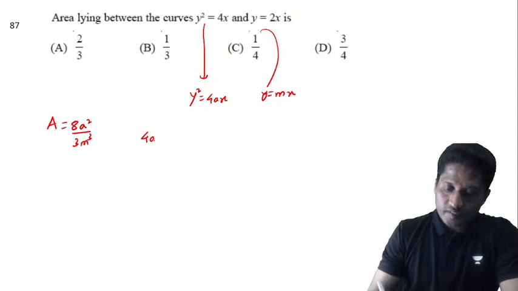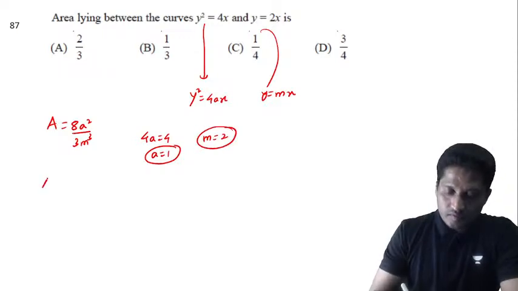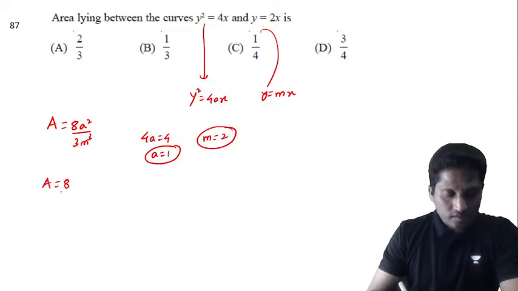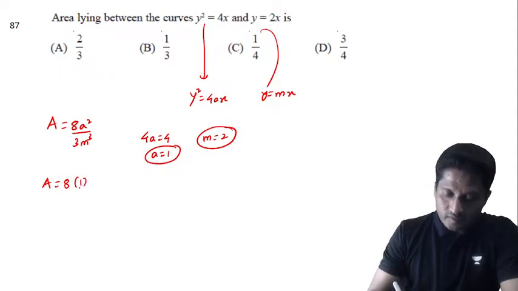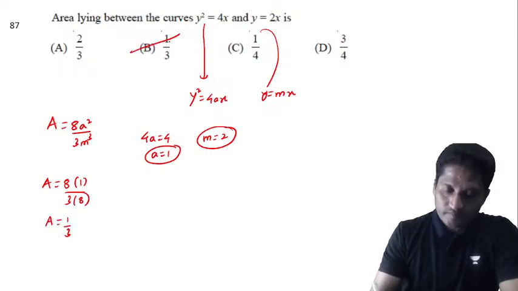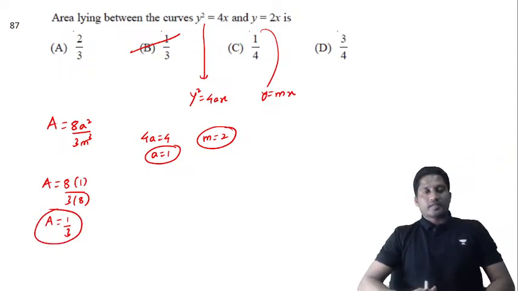If you compare, 4a is equal to 4, a is equal to 1 and m is equal to 2. So this is 8a square is 8 and 3m cube, 2 cube is 8. Area is equal to 1 by 3. Got it, guys? Area is equal to 1 by 3 only.